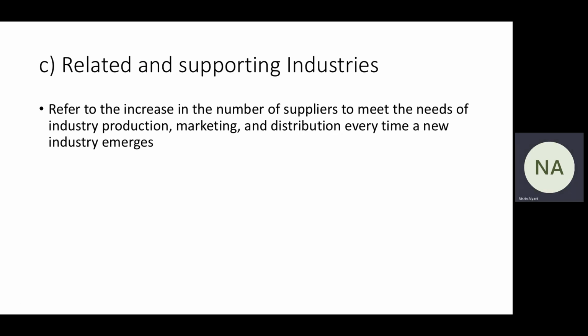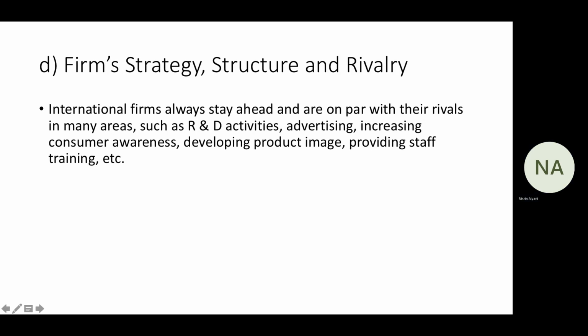In Malaysia, we have the agriculture industry, which is really supported by our Malaysian government. It can distribute fairly in terms of marketing, distribution, and other things. Firm strategy, structure, and rivalry: so R&D, research and development activities. It's how companies want to engage, or perhaps get more profit, to sell their products.